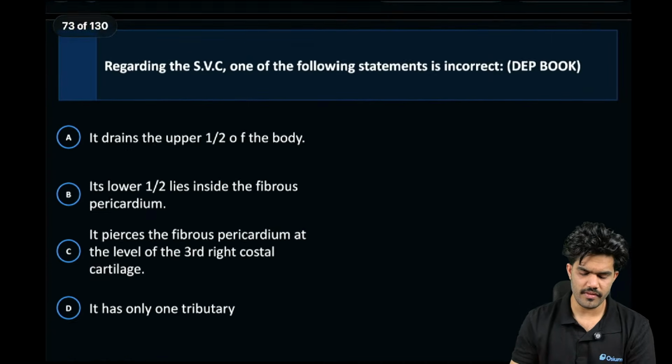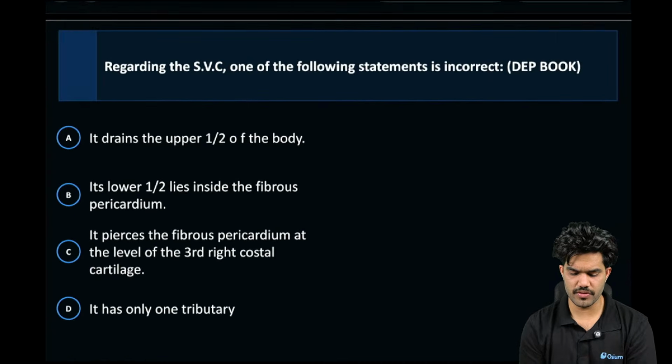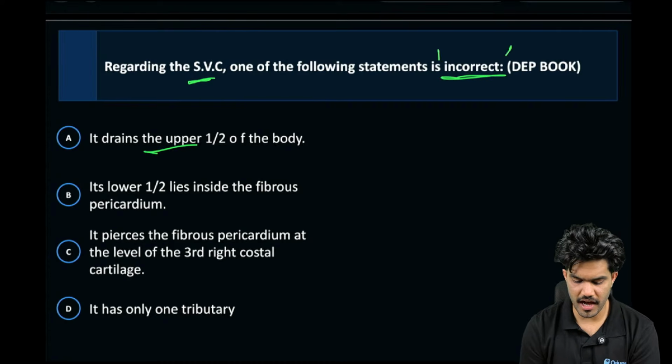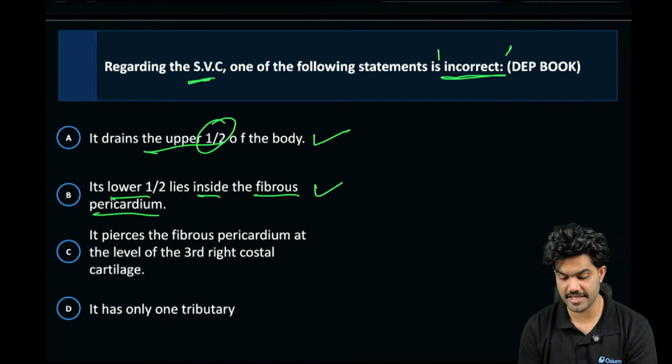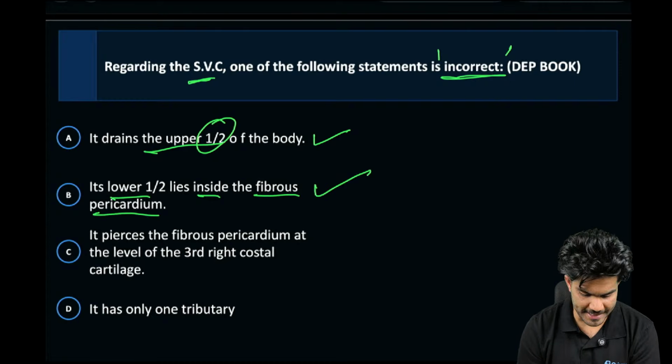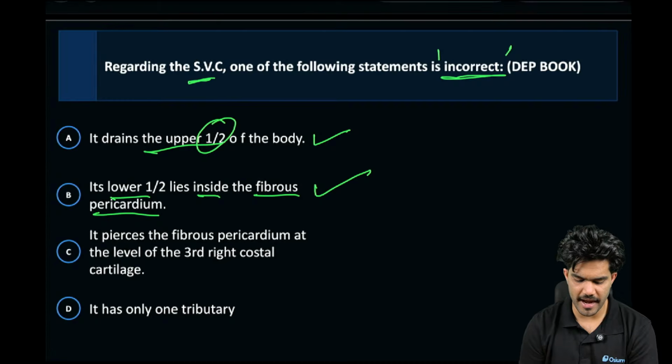Regarding the superior vena cava, one of the statements is incorrect. Let's see. It drains the upper half of the body. Yes, it is true. Its lower half lies inside the fibrous pericardium. Yes, this is also true. It pierces the fibrous pericardium at the level of the third right costal cartilage.